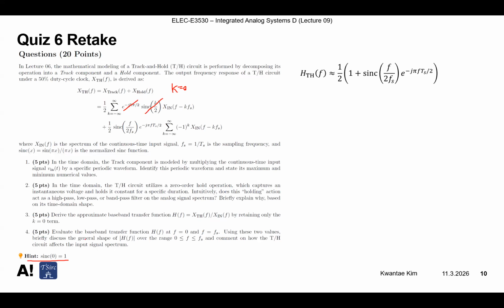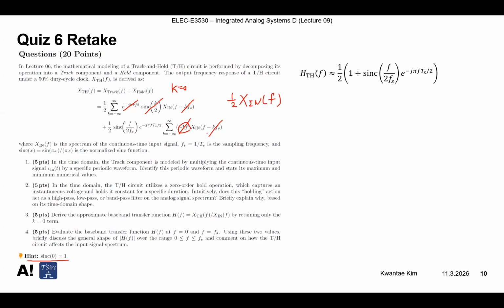Here is a hint: sinc(0) is equal to 1, and this one doesn't get affected, and that goes to H(f) X_in(f).